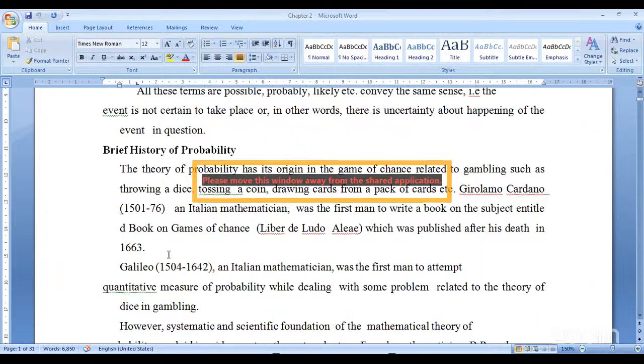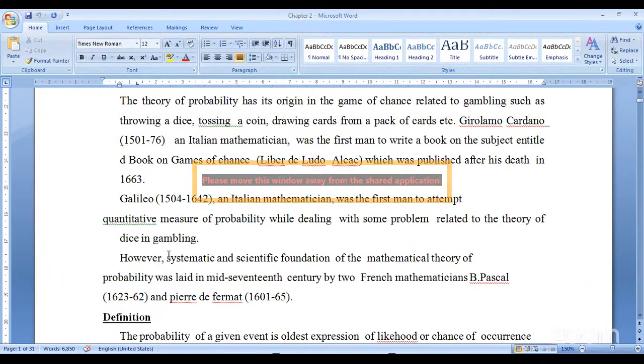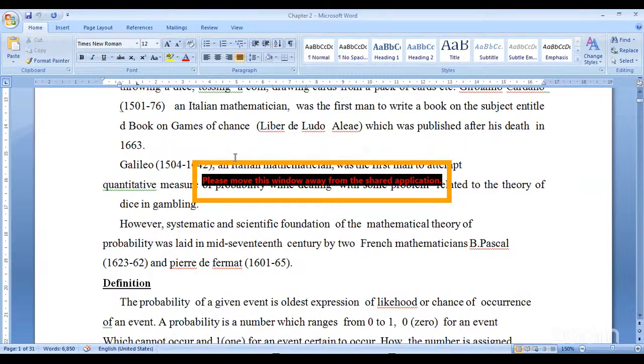The next one, brief history of probability. The theory of probability has its origin in games of chance related to gambling, such as throwing a dice, tossing a coin, drawing cards from a pack of cards. Girolamo Cardano, 1501 to 1576, an Italian mathematician, was the first man to write a book on the subject, entitled A Book on Games of Chance, Liber de Ludo Aleae, which was published after his death in 1663.